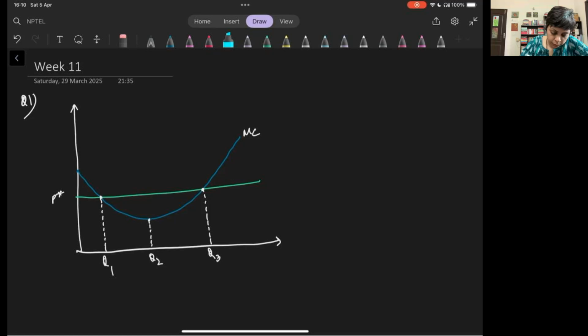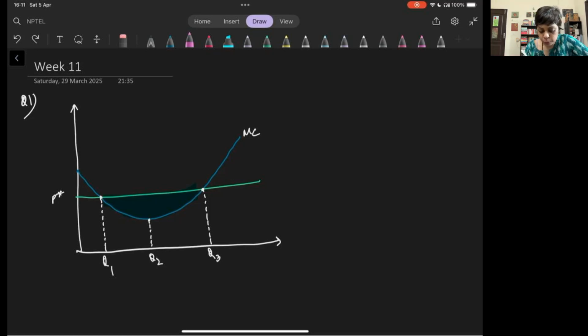So in this area, where I've just marked this blue thing, in this entire area, as the firm keeps increasing the quantity, its marginal cost is decreasing, right? Marginal cost is less than the price. So it will go on increasing the quantity because the firm will go on producing until it is actually making positive profit.